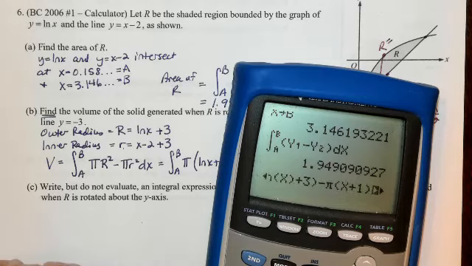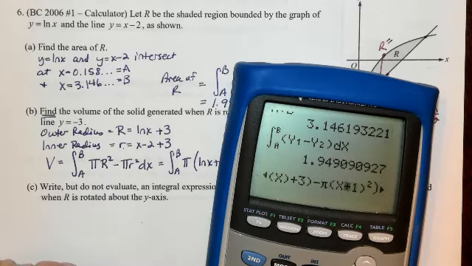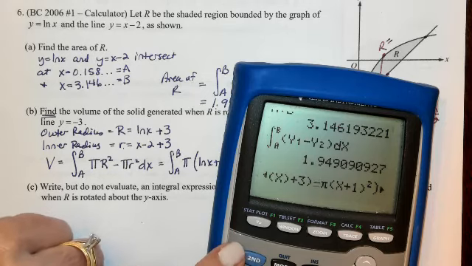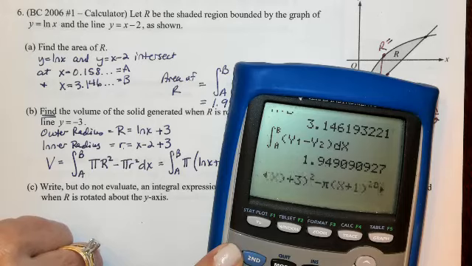I forgot to, now that tells me I forgot to square this other one. Did I square my other ones? Yeah, I did. So I'm going to square that. I'm going to insert, hopefully I can do this. Yep, it worked. Okay. So pi r squared, don't forget to square.